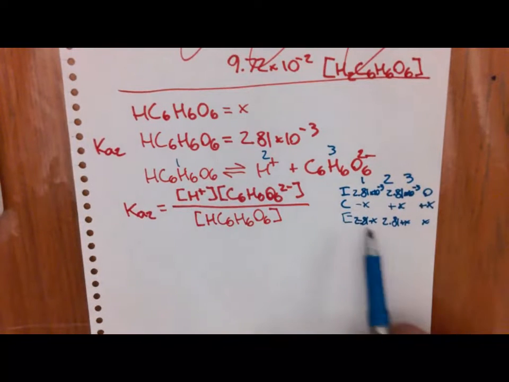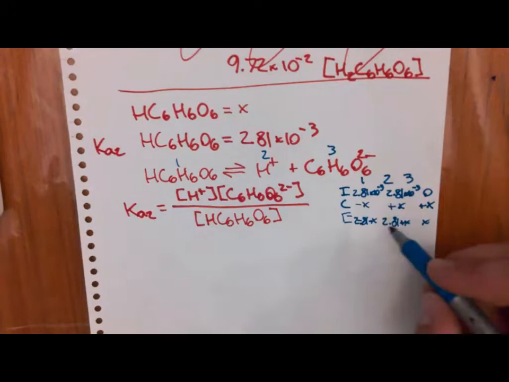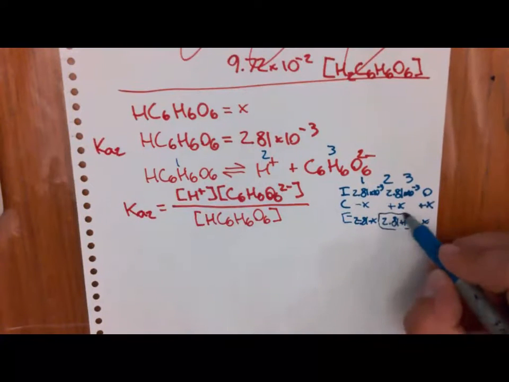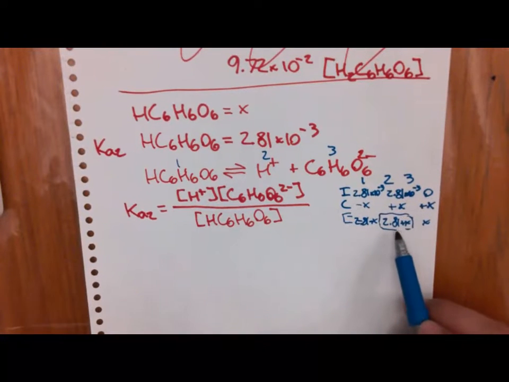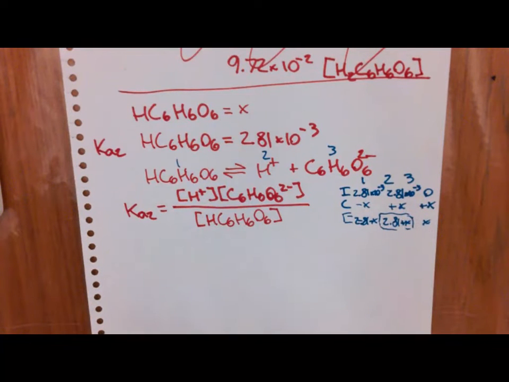So we can see here, with the Ka2 being so small, this value is going to be approximately equal to 2.81. So we're not going to see really any change in the pH or the concentration. However, we can still go through in order to find our value for the concentration of C6H6O6 2-.